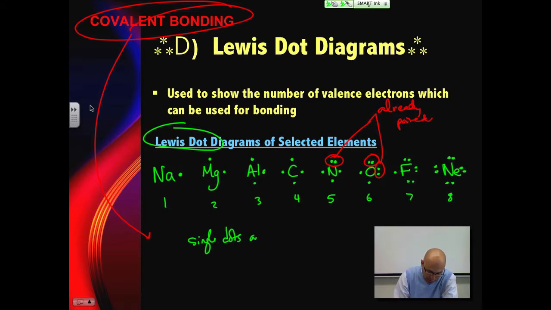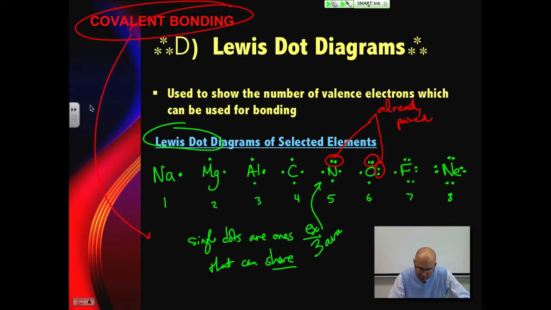Those are the ones that can share. Okay, they're the ones that can share, and they're the ones that are available. So for example, nitrogen has 3 available to share.